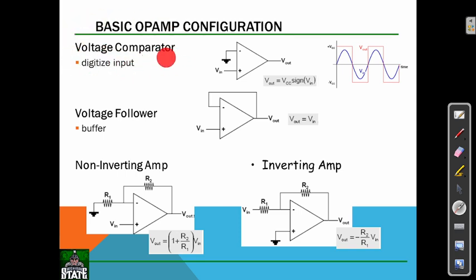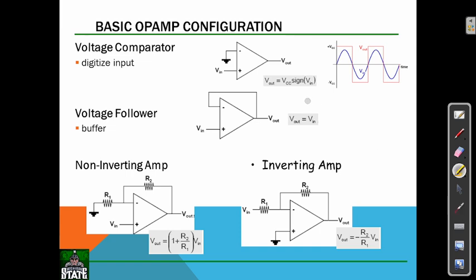We can compare the voltage in this voltage comparator, digitized input. Here the plus will get the input voltage, and the negative will be ground. Here we will get the voltage out.